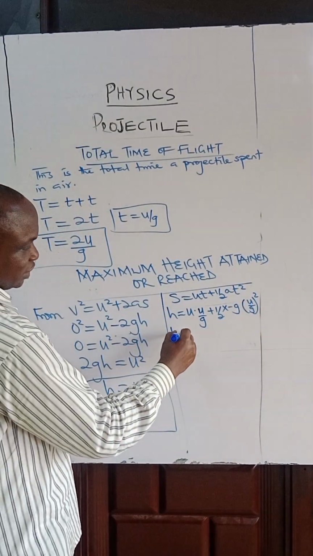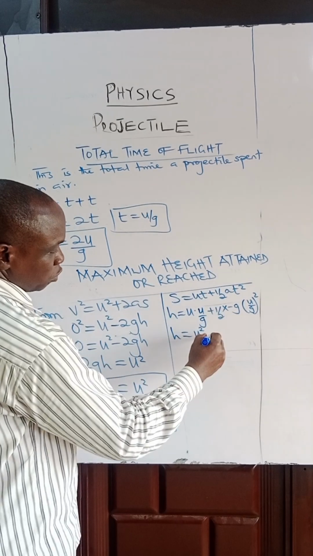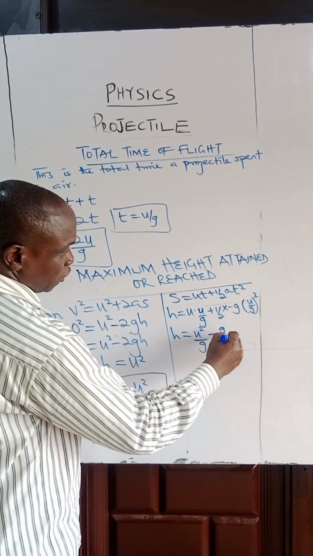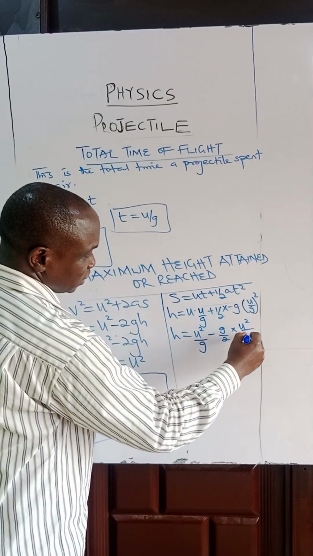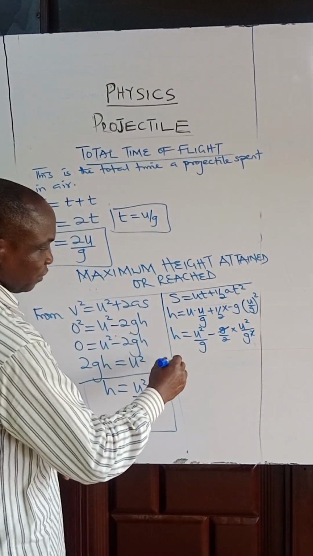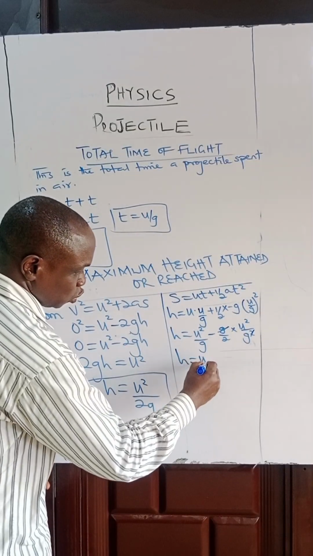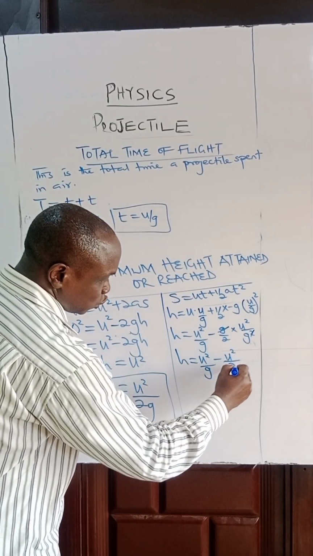So h equals u squared over g, minus g over 2 times u squared over g squared. One g will cancel. That is what we have here: h equals u squared over g minus u squared over 2g.